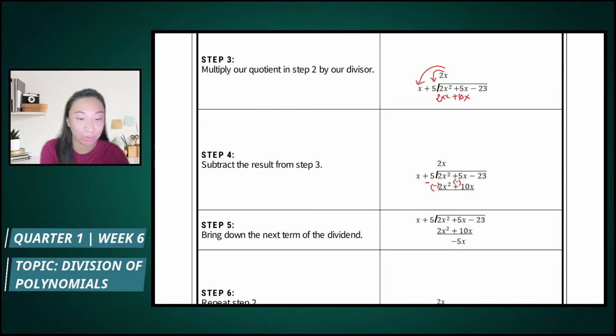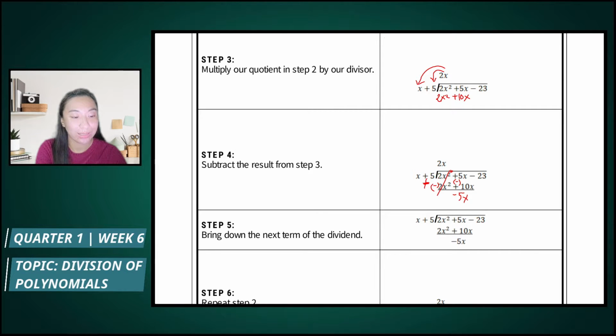Then proceed to addition. We have 2x squared plus negative 2x squared, that becomes 0, so no need to write it there. And then 5x plus negative 10x will give us negative 5x.